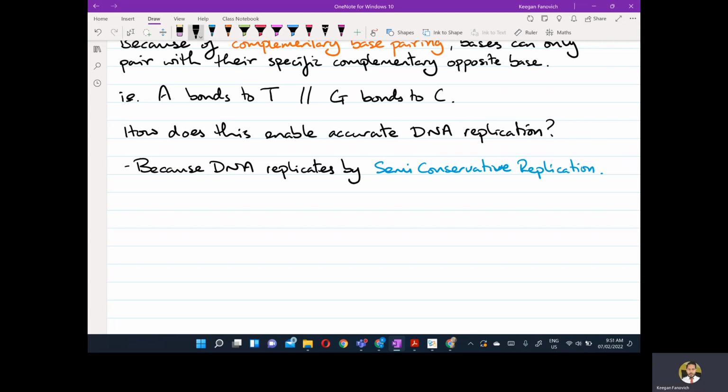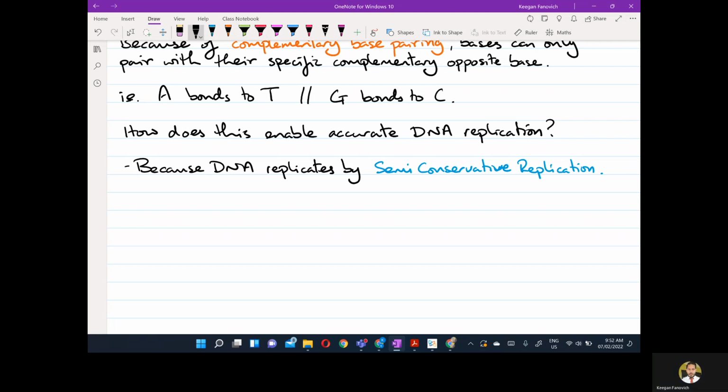Okay, semi-conservative replication. So if you're wondering what semi-conservative replication is, no problem. Semi-conservative replication basically means that your DNA helix is going to split and each strand becomes a template for a new strand. That's what it means, right? Each strand becomes a template for a new strand.